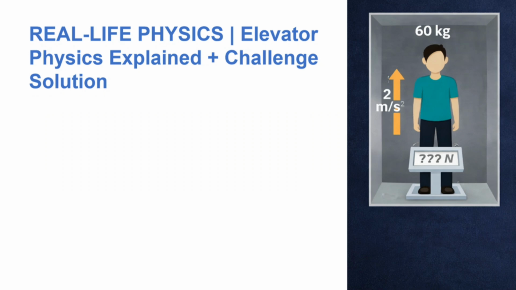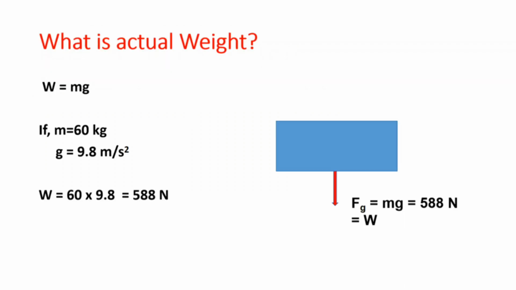Let's start from the basics. The weight of an object is the gravitational force with which the earth attracts or pulls it towards its center. Mathematically, it is expressed as the product of mass of the object and the gravitational acceleration.